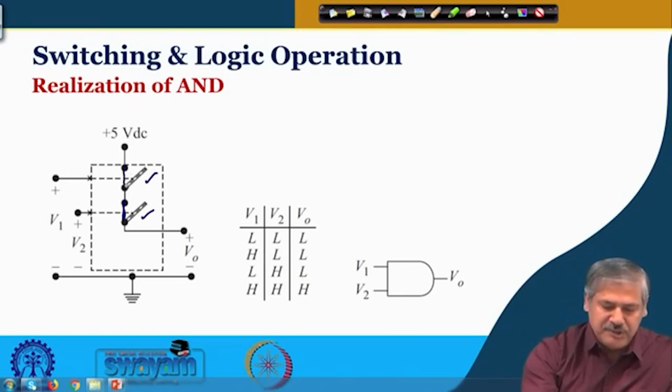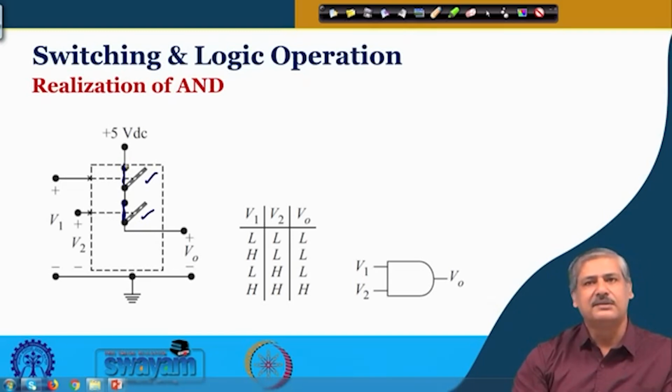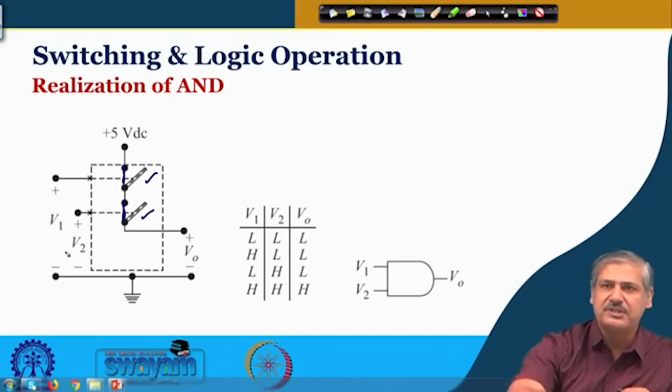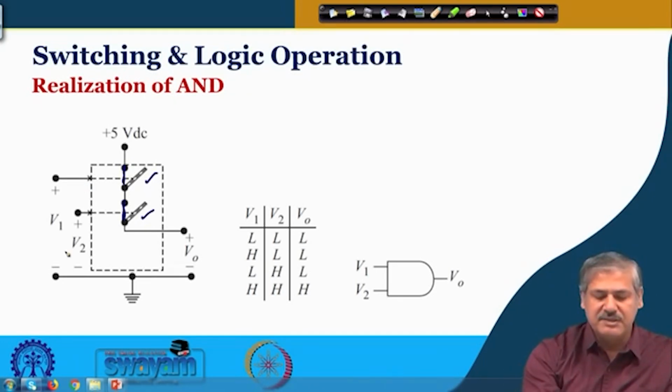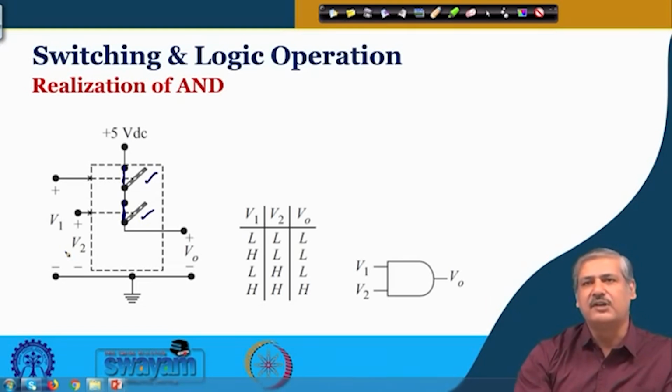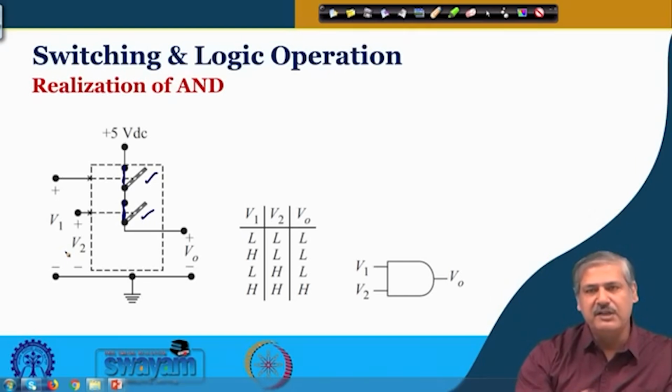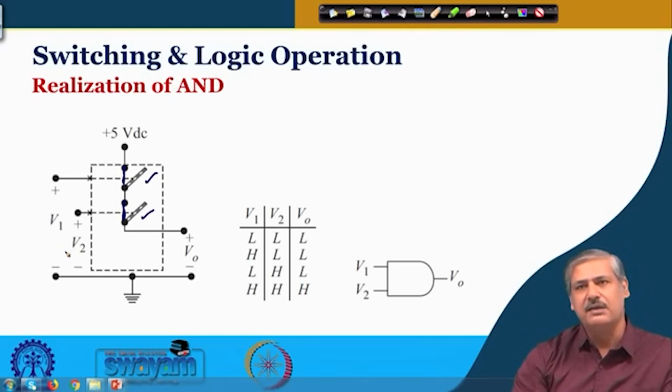Only when both the switches are connected, that means both of them are high, the switch changes side from here and gets connected over there, then only does this 5 volt get a path over here, and you can see a high value over there. Okay.